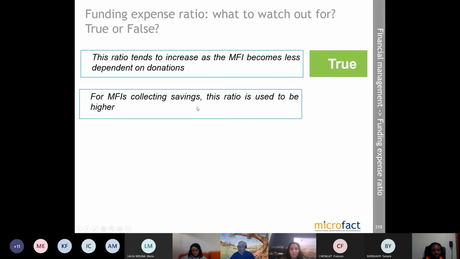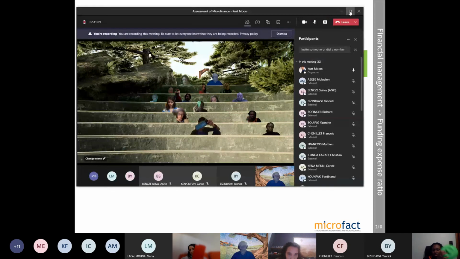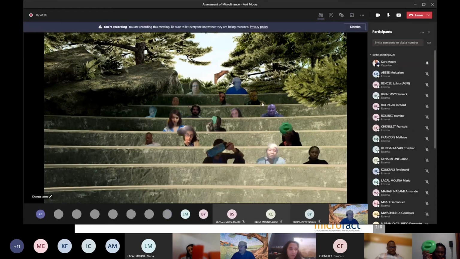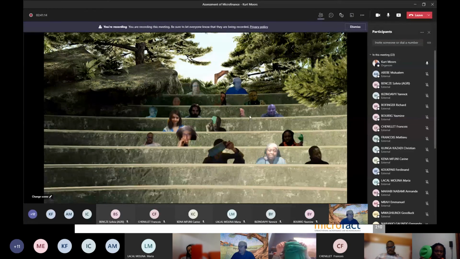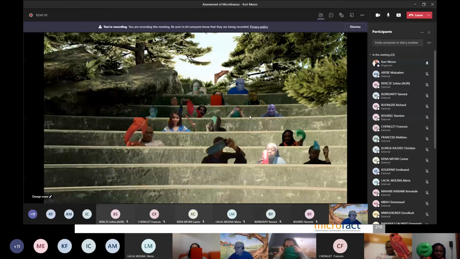Second question. When you collect savings, is this ratio used to be higher? In general, what do you think? When you collect savings, the funding expense will go higher. Now I see different colors.